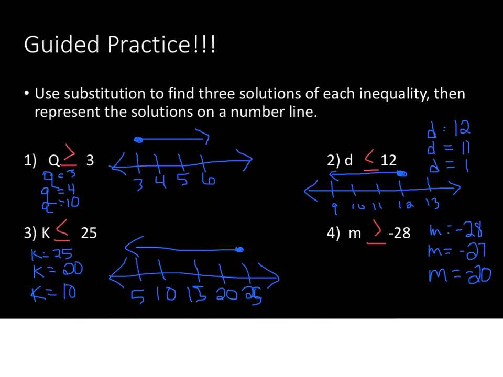Remember, those numbers are closer to 0 on a number line, so those numbers are greater than negative 28. So I'm going to go ahead and draw my number line out of negative 28. And then I'm going to show that negative 28 is a possibility, but so is everything greater than negative 28.